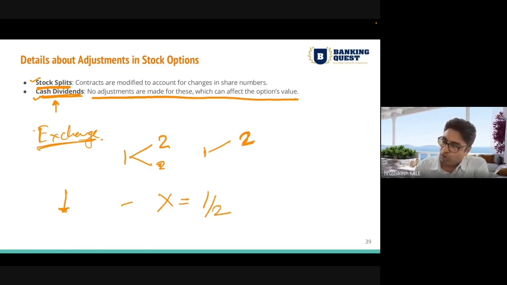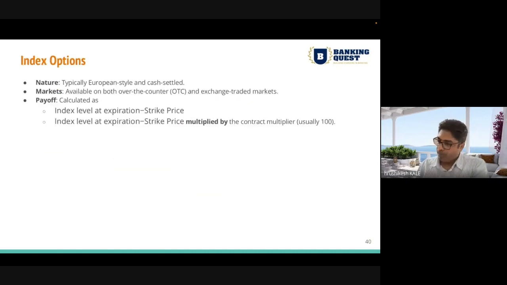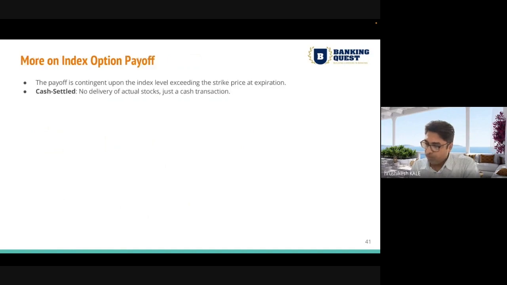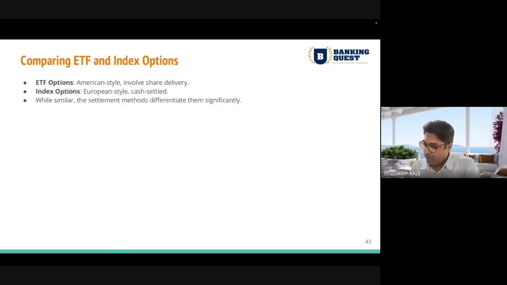So if for every one stock you will be getting two, your exercise price will be cut by half. Now, this is done.